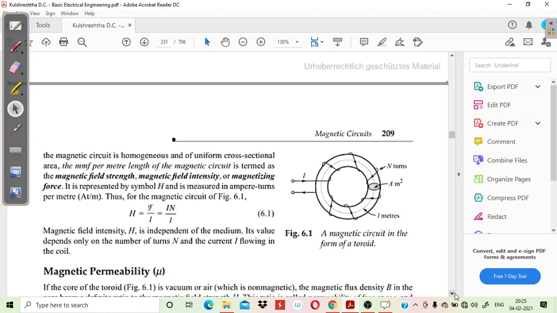This magnetic field intensity H is independent of the medium. Its value depends only on the number of turns N and the current I flowing in the coil.